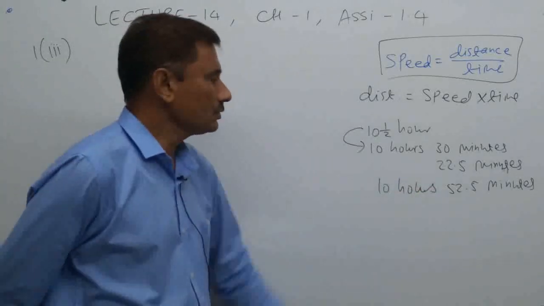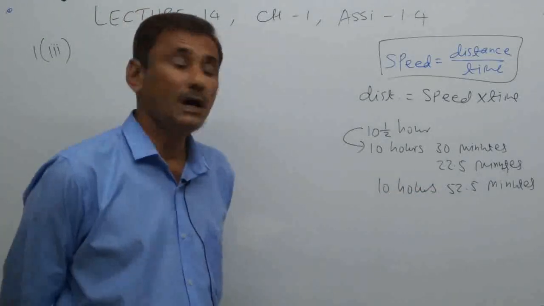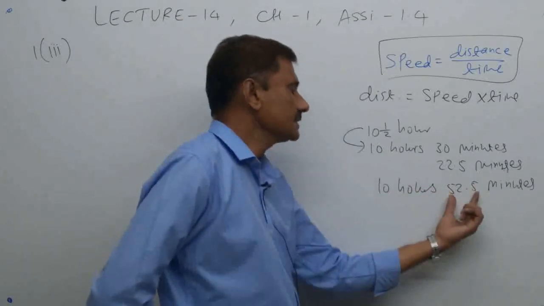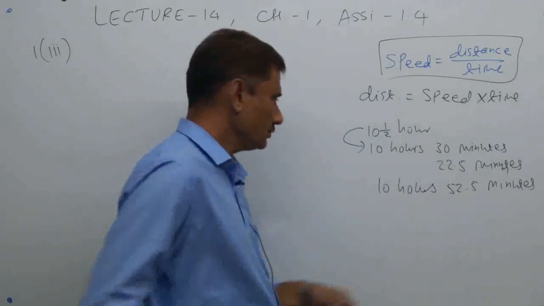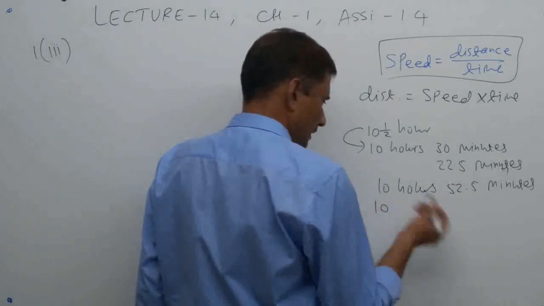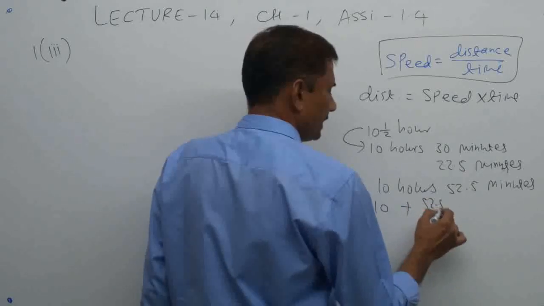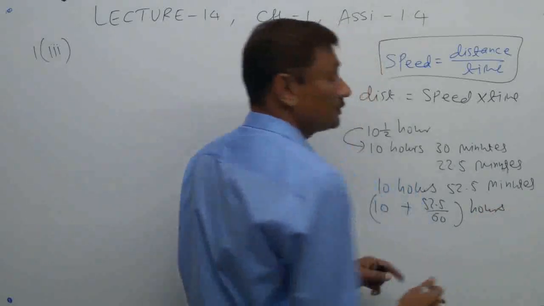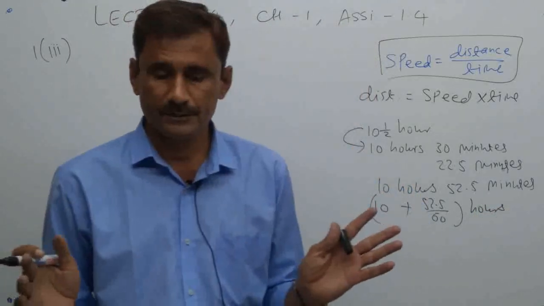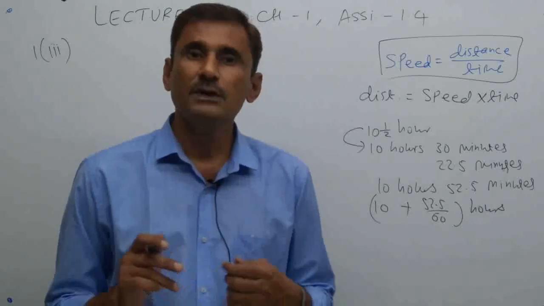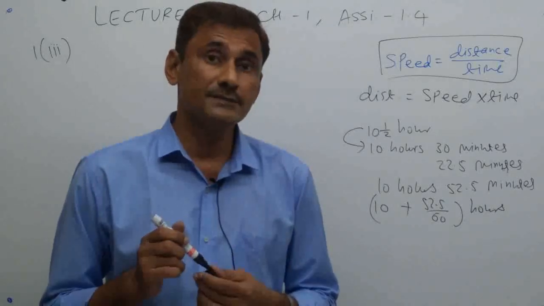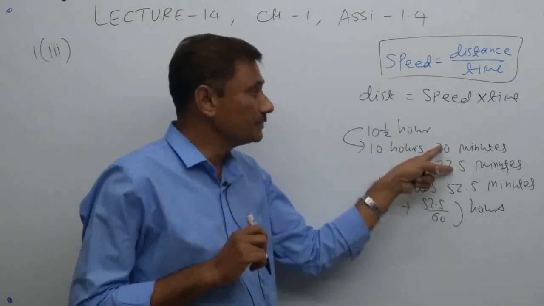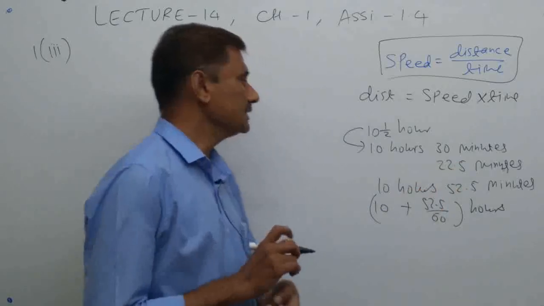Okay, but how to convert it totally into hours? Basically if you divide it by 60, then this will be hours. So it is 10 plus 52.5 divided by 60. So overall you can say it is in hours, because we want time in hours only, not in minutes, because speed is given in kilometer per hour. That's why I first collected both minutes together, so I got 52.5.